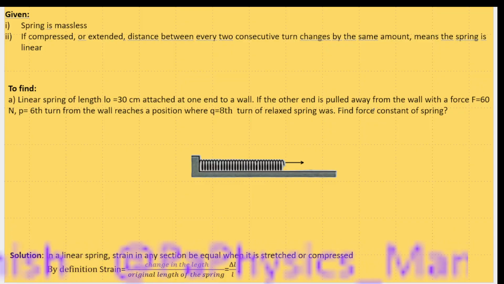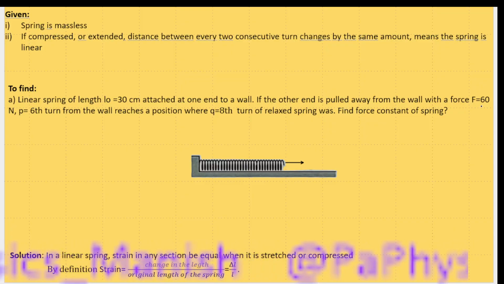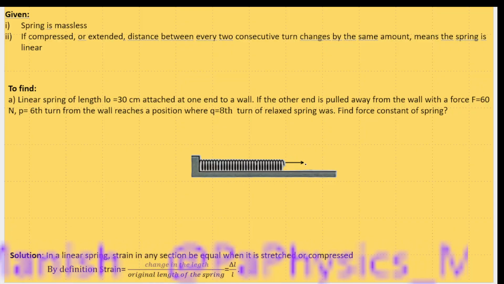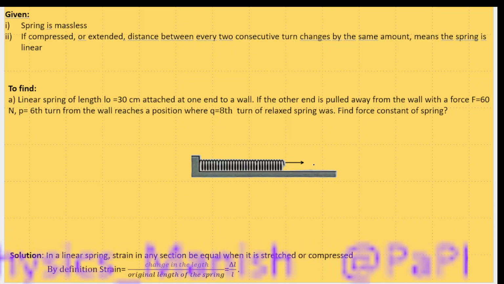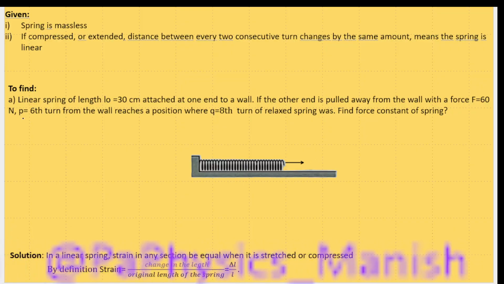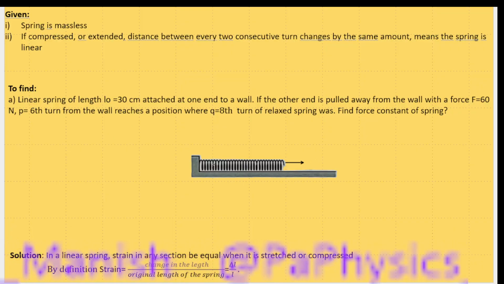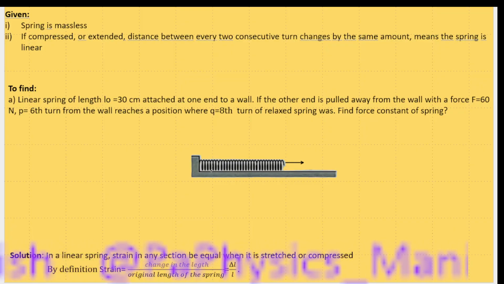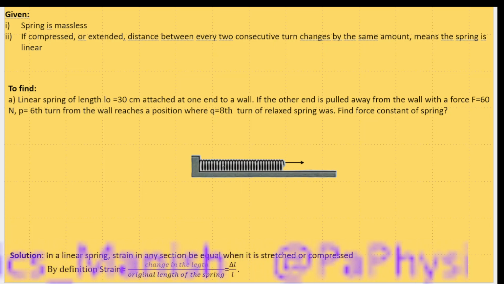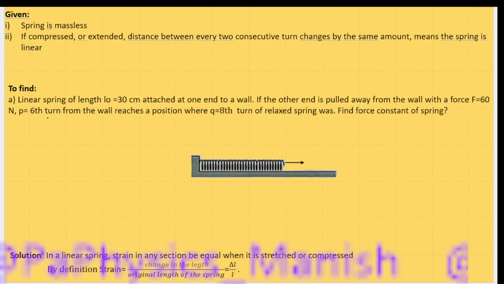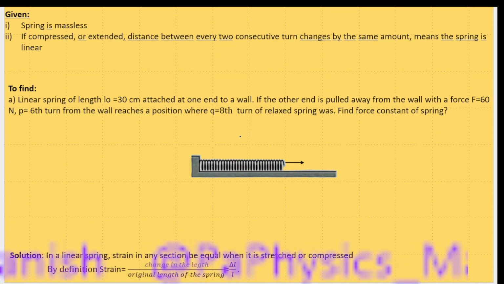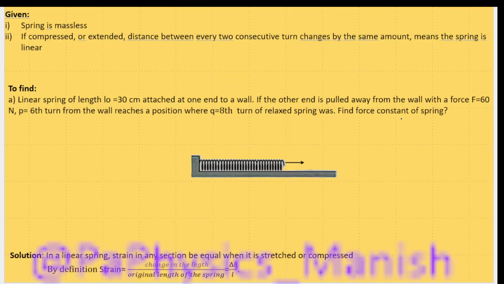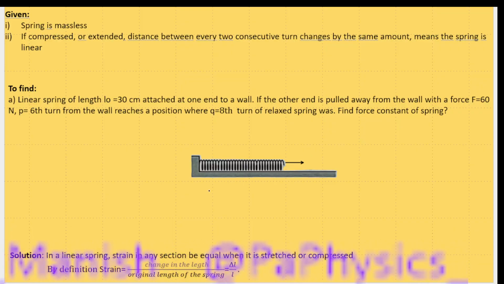If the other end is pulled away from the wall with a force F equal to 60 newtons, the spring has n number of turns, we can assume. So the P-th turn takes the place of the Q-th turn, and the values of Q and P are given as 6 and 8. Find the force constant of the spring. So the spring constant has to be found.